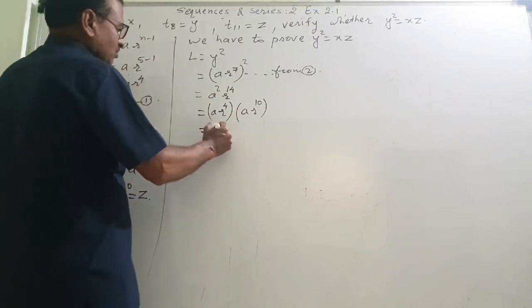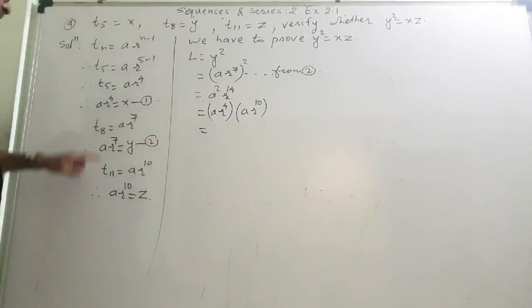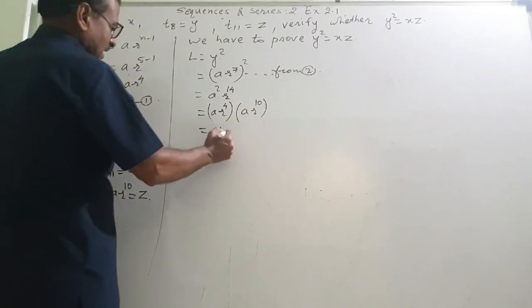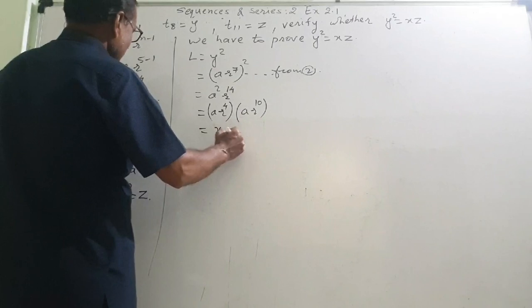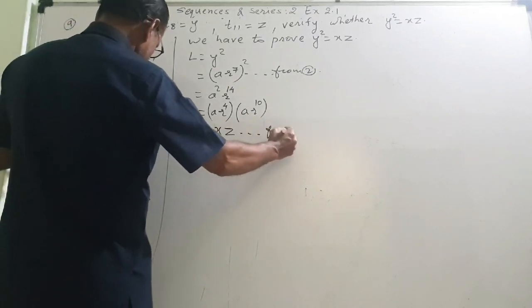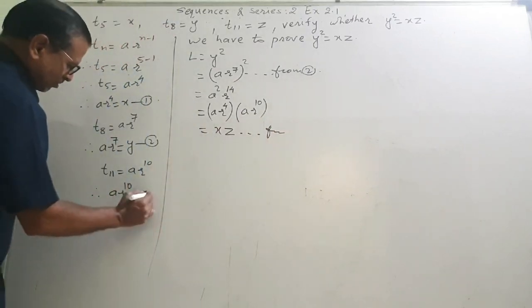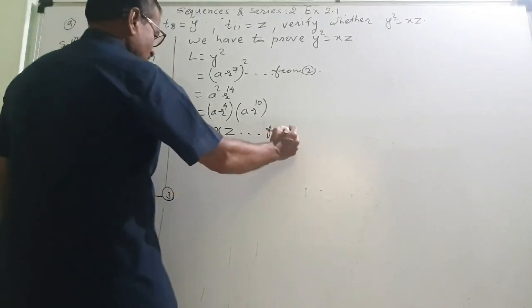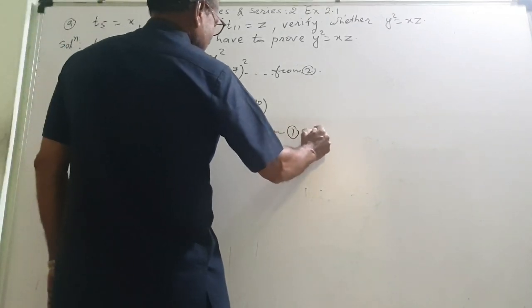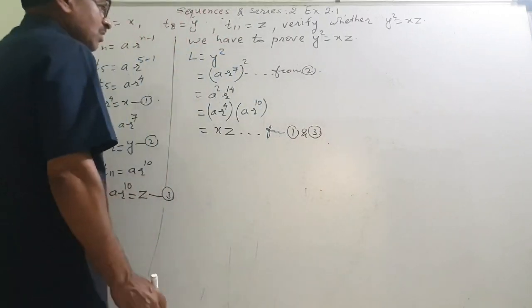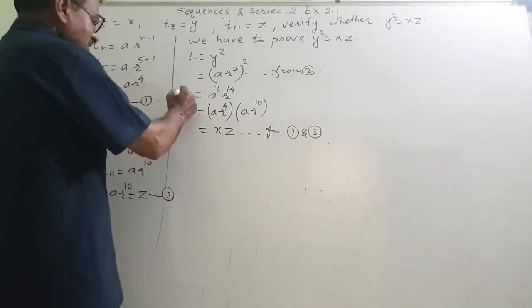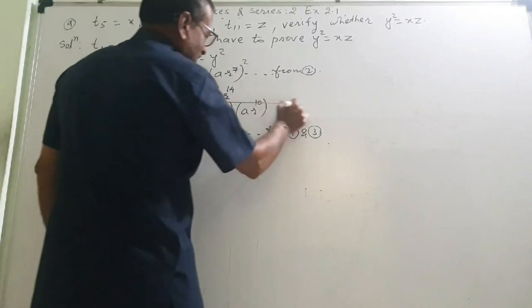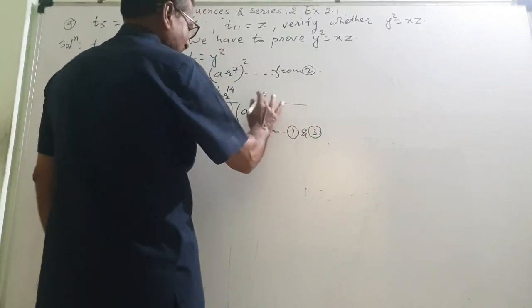So this is x, and this is z, from 1 and 3. Here I forgot to give the number 3. Or otherwise, this is LHS equal to this, I will keep as it is.